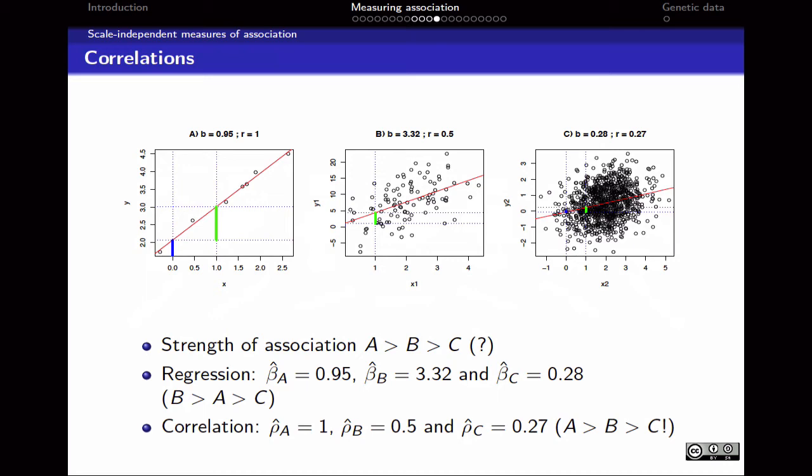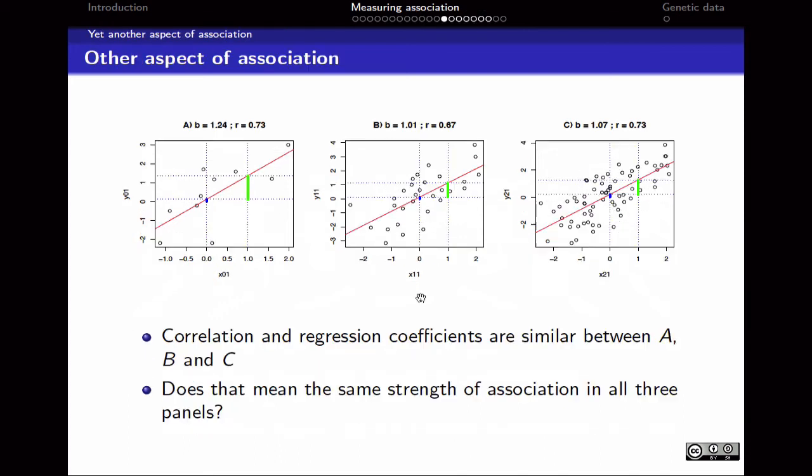It's so close to 1 that I had to round it up in order to avoid a very long number. For panel B the coefficient of correlation is 0.5, and for panel C it is 0.27. So indeed, A is greater than B, B greater than C, and the correlation coefficient corresponds to this intuitive feeling of how neatly two random variables go together.